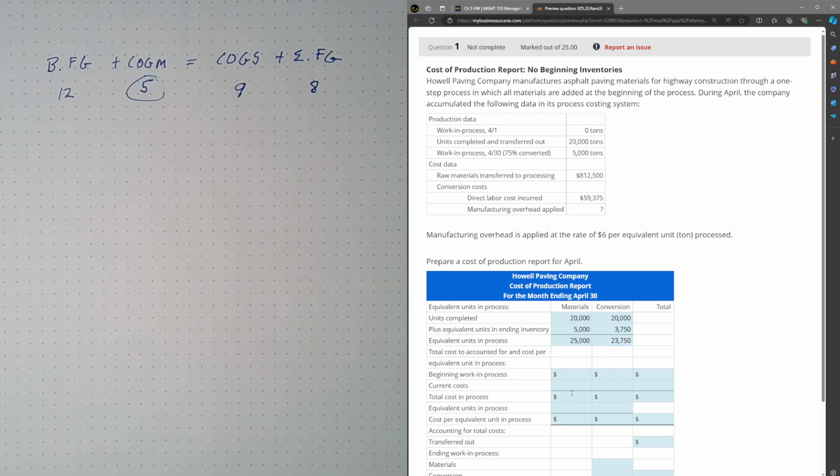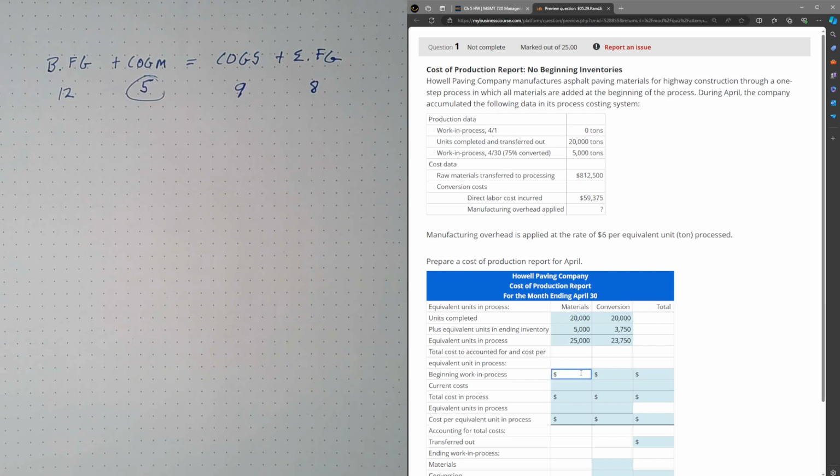Okay, beginning work in process dollars. So if we look at the cost data, it says raw materials transferred to processing, conversion costs. So essentially what it looks like they're saying is there was no beginning work in process. Oh, so I can look here. There were 0 tons beginning work in process.